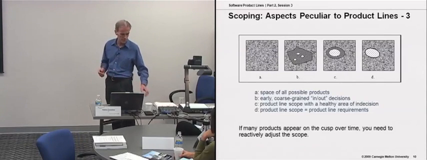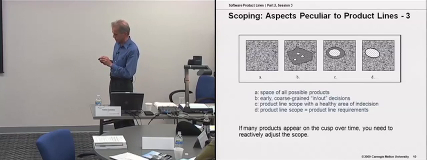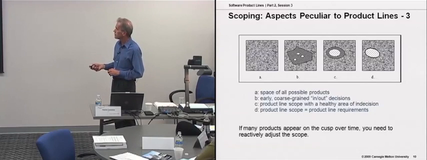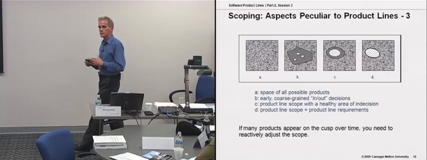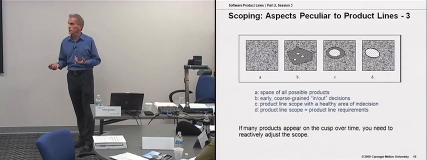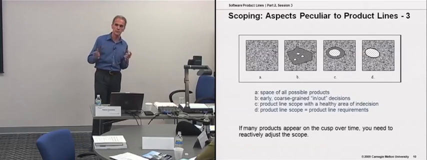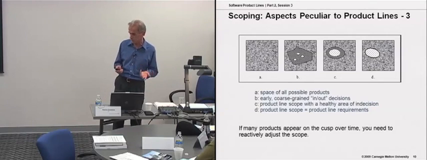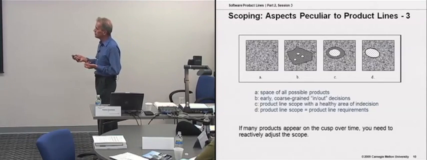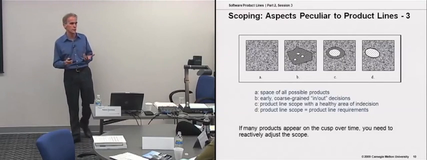So you start making some high-level decisions about what's in and what's out. And so you narrow the area of uncertainty in B to, you've got some identified things that are clearly within the scope. The rest of the square is clearly outside of the scope. And the intermediate gray area, there's still a large area of uncertainty about what might be in and what might be out. In C, we have definitely narrowed down to a good candidate set of products.